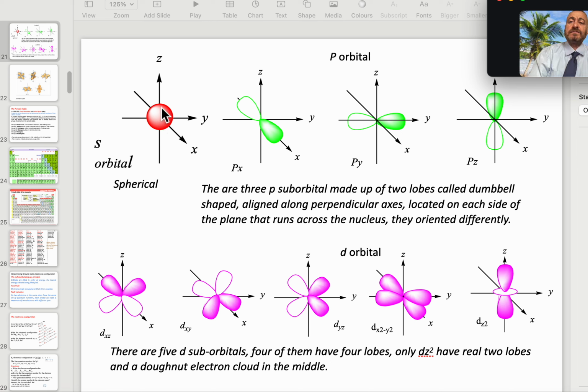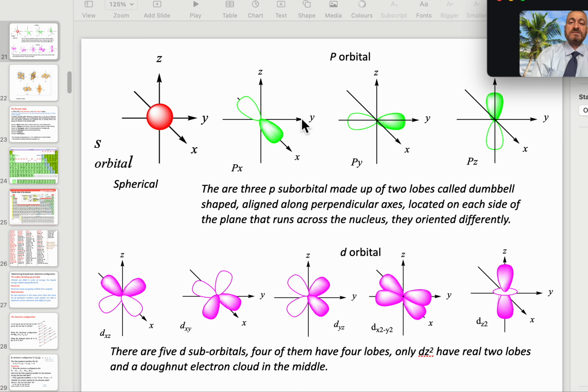So the S orbital shape is called spherical. It's in the center of the XYZ and it's moving.